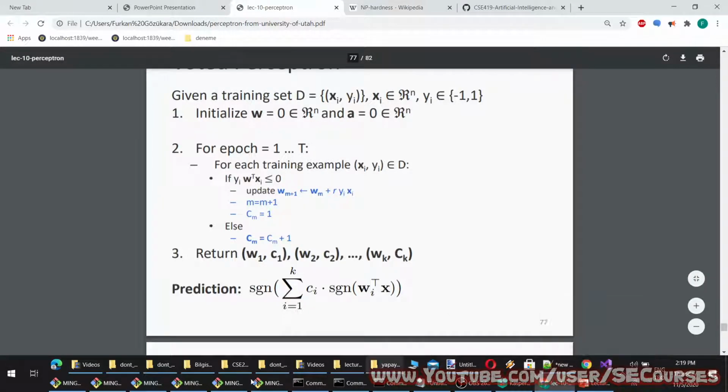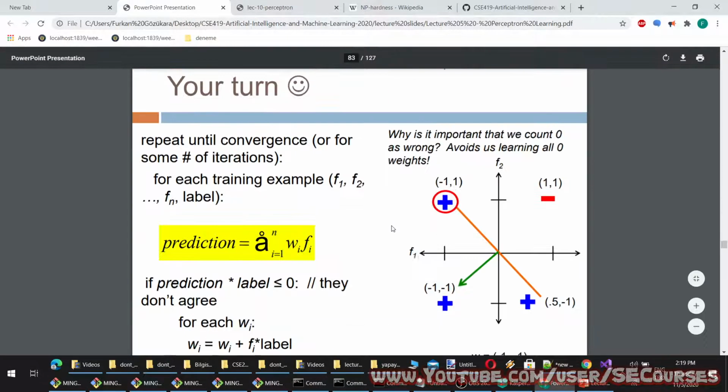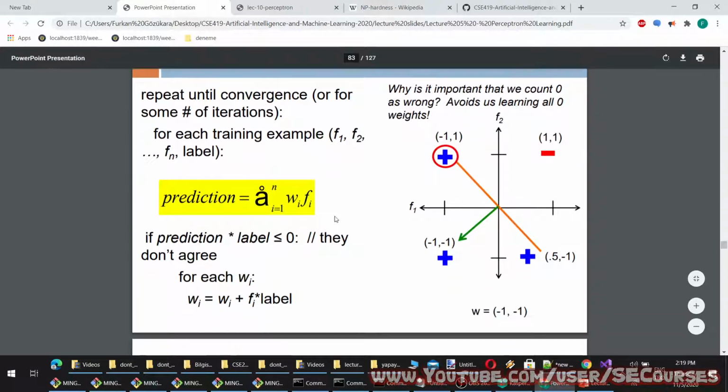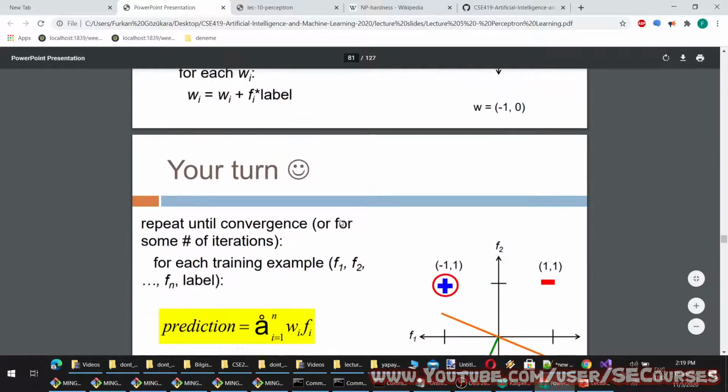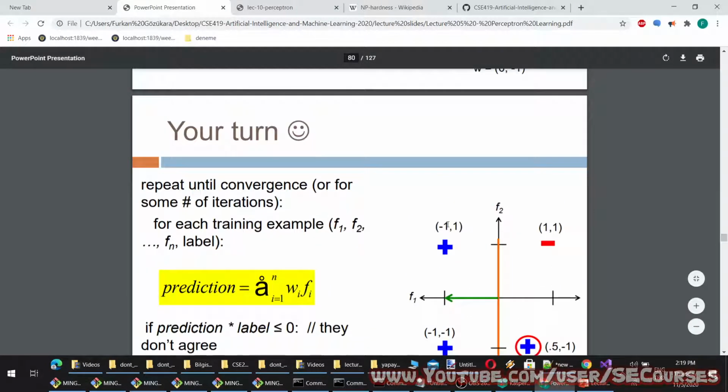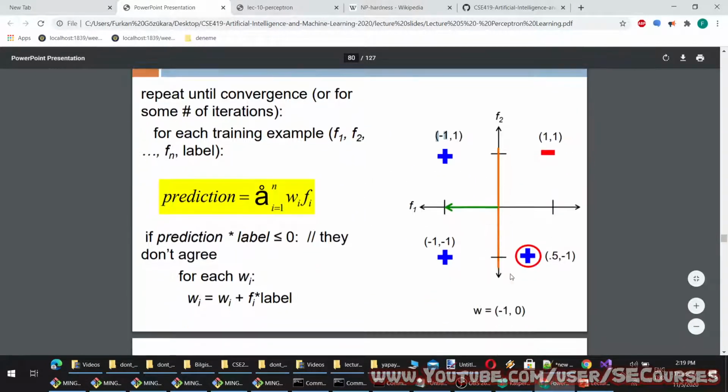You know, in linear classification, how were we calculating the prediction? We were calculating the prediction by summing the weight product feature value plus bias.